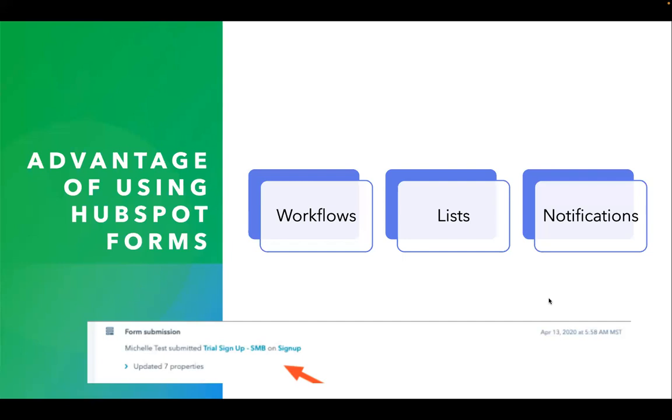So you're getting the best of both worlds. From a marketing point of view, you understand how Michelle found your website, versus just knowing she found it and this is what happened.